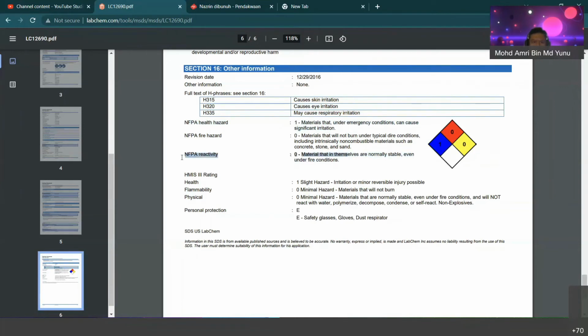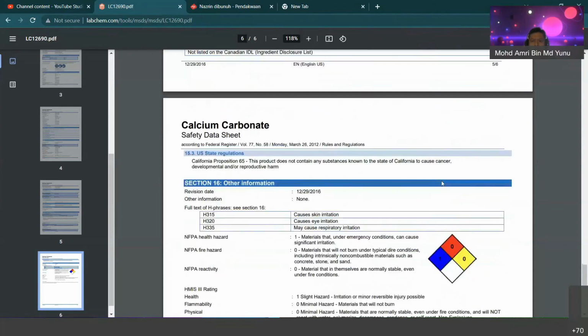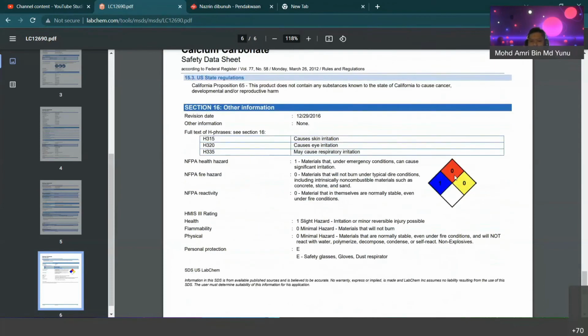Reactivity: normally stable. So the concern is more the health hazard. If it is 111, that's quite an issue. Red signifies fire, blue health, yellow reactivity. This is the chemical diamond. Sometimes the chemical diamond is shown on the labeling.